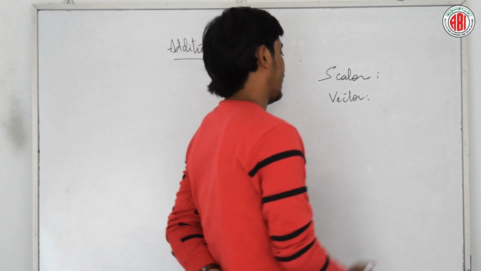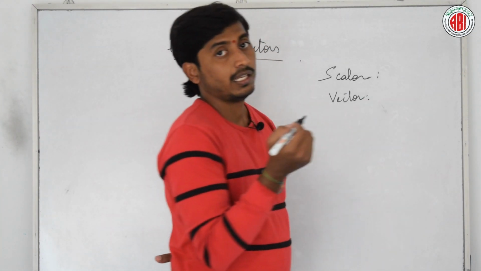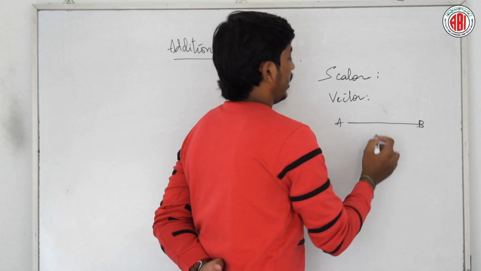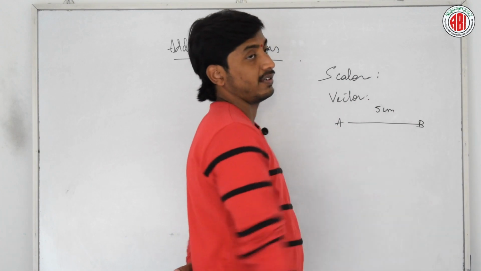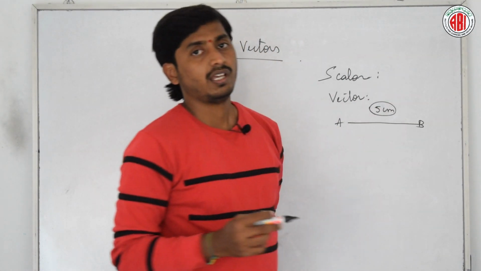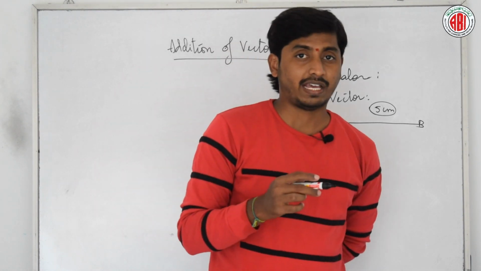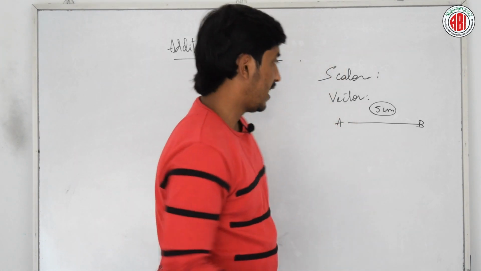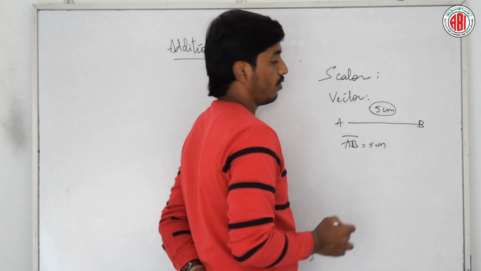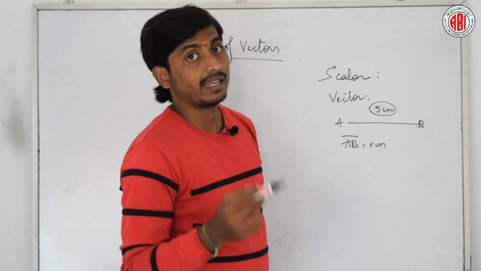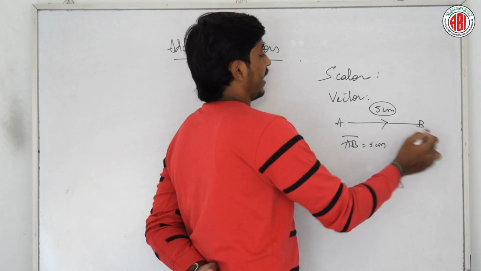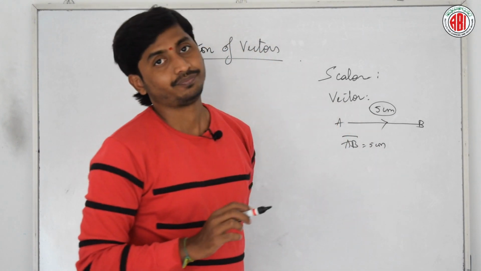Clear? For example, if I want to specify that the distance from point A to B is 5 centimeters, then this is a magnitude. Am I specifying any kind of direction? No. If I specify it as AB is equal to 5 centimeters, it clearly tells that it is the displacement, or else it can be called a magnitude with direction.